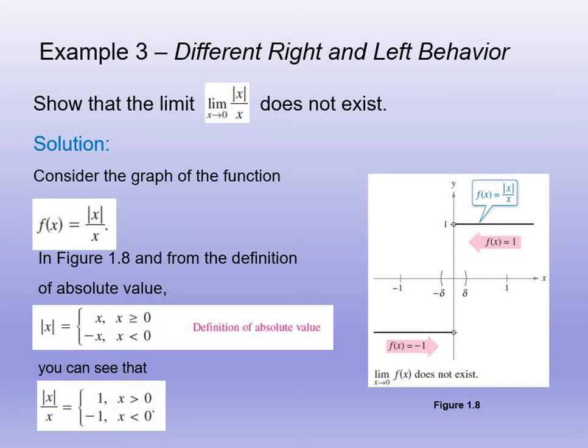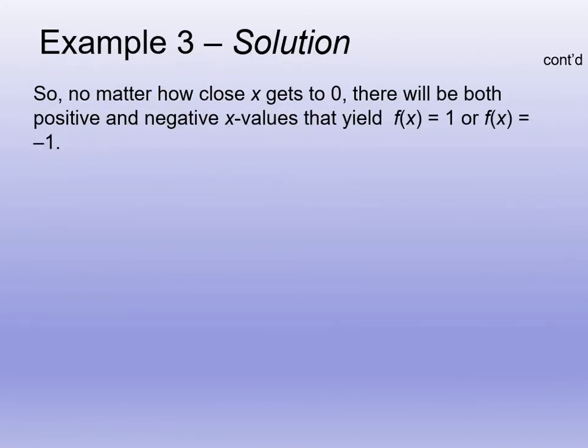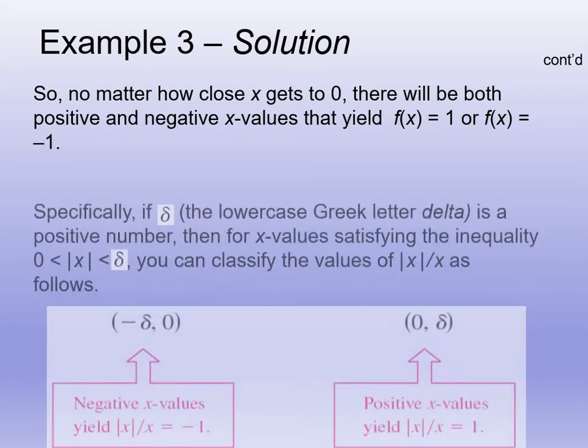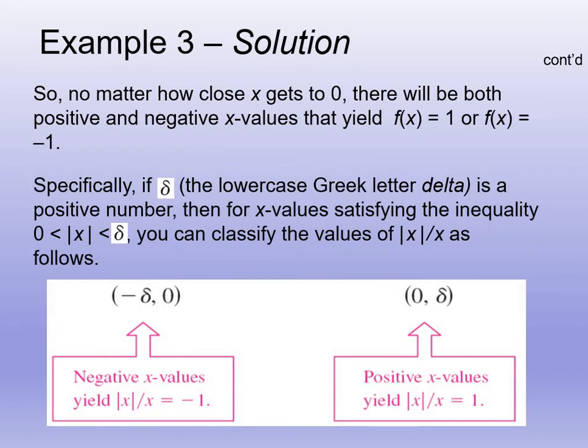But we should be able to visually look at this graph and note that they're not going to the same value. One of them is going to -1, the other one is going to +1. Since the left hand and the right hand side do not agree, the limit does not exist. So no matter how close x gets to 0, they will not have the same limit, so the limit does not exist.